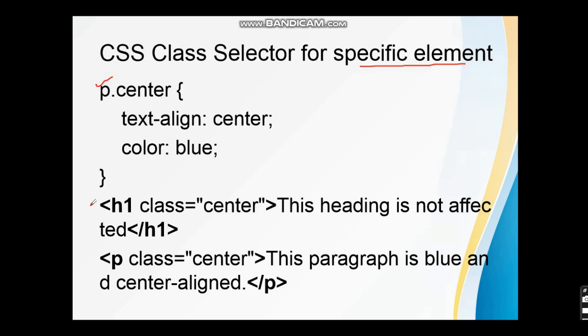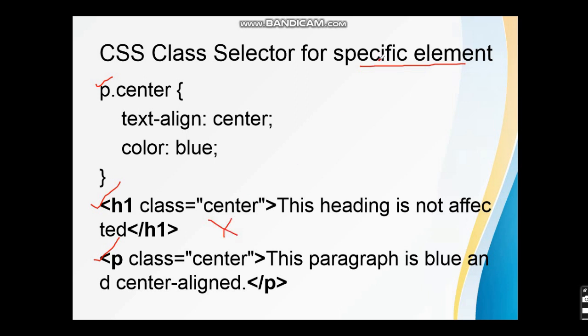Just below this, H1 is the heading element and P is the paragraph tag. If I take class equals center, see what I have written here: this heading is not affected. Why is it not affected?